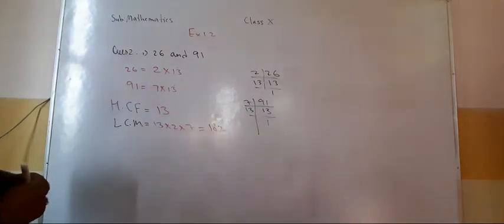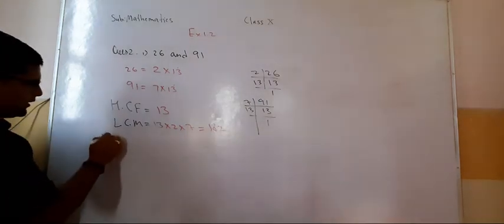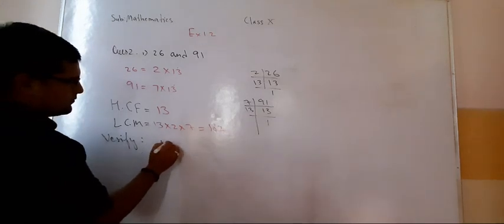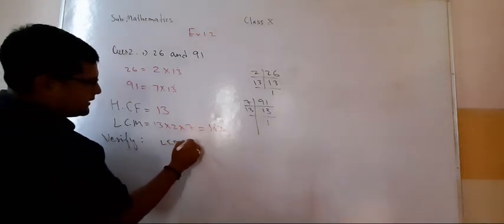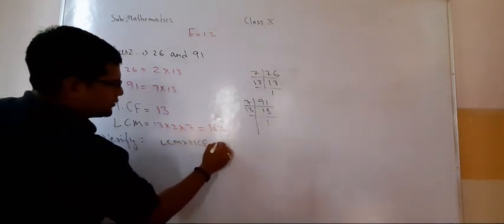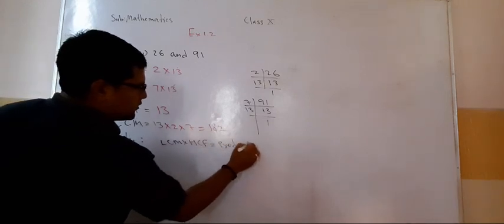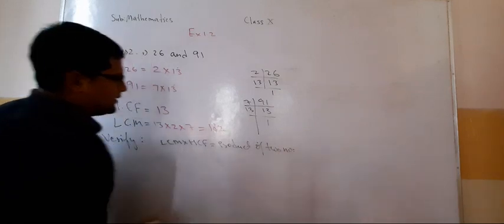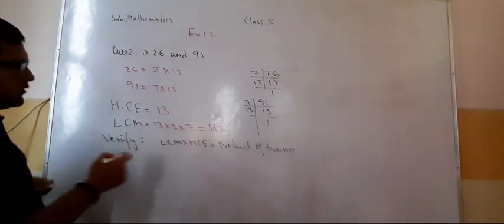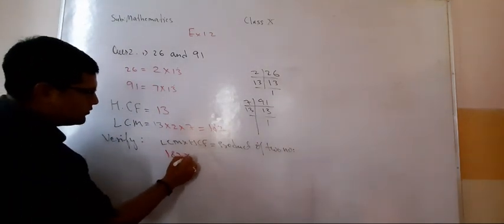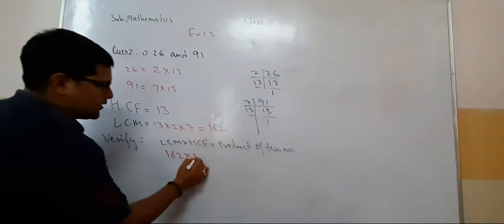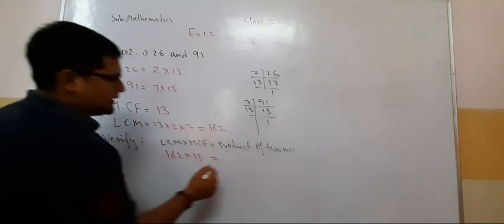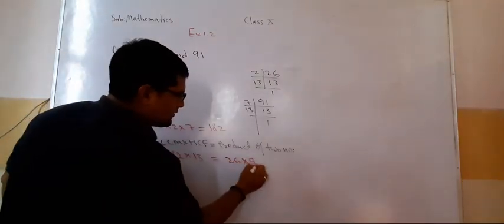Right? Now we have to verify that LCM multiplied by HCF equals the product of the two numbers. Here the LCM is 182 and the HCF is 13, and the two numbers are 26 and 91.